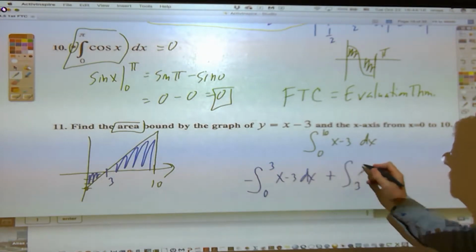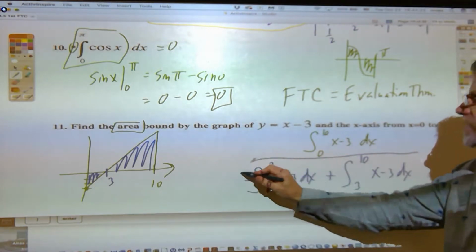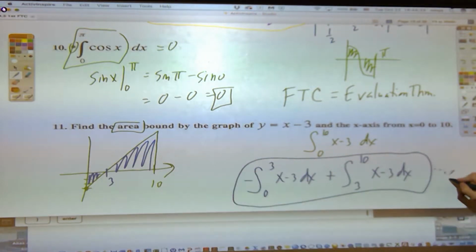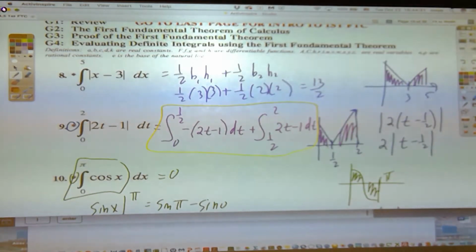And then when I go from 3 to 10, I'm going to take the area as is. This is just a setup. You have to do calculus to get the final answer, but oftentimes the hardest part of these problems is the setup. So let's go to the next page.